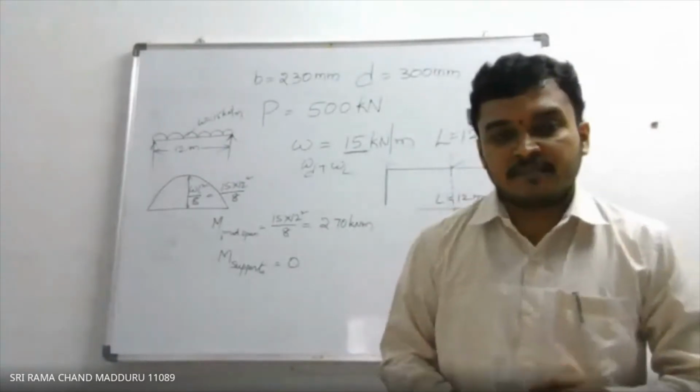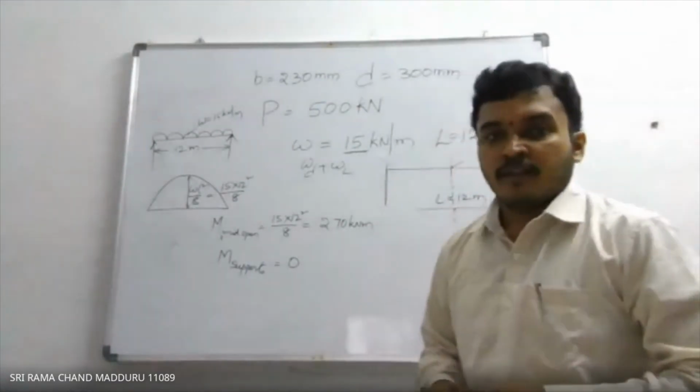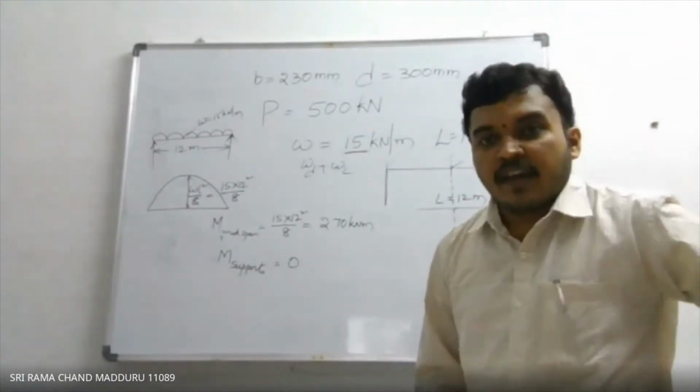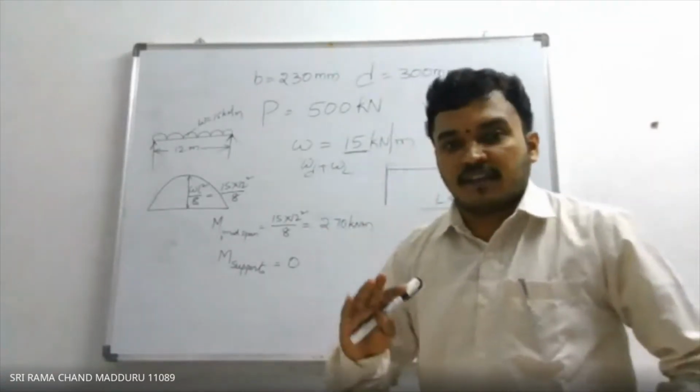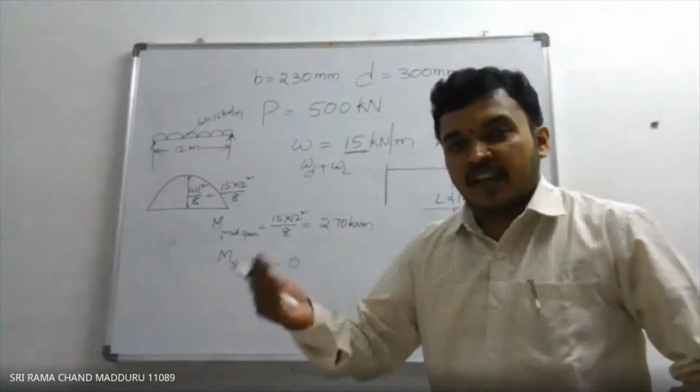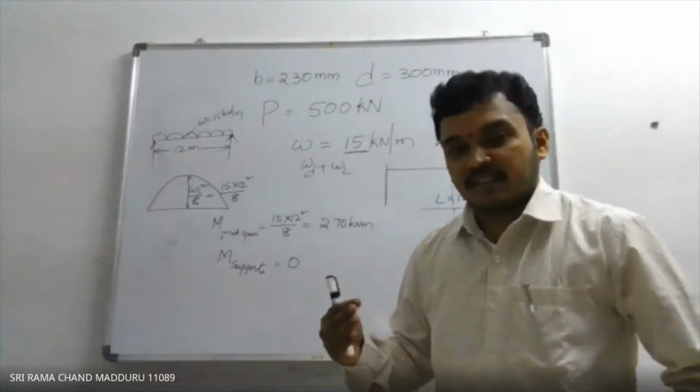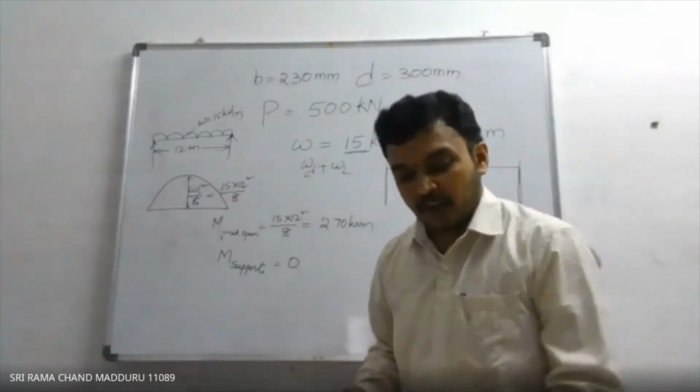Now moving next, keep highlighting resultant stresses at midspan. First of all I am calculating the resultant stresses at midspan, then we will calculate the resultant stresses at the supports later on.